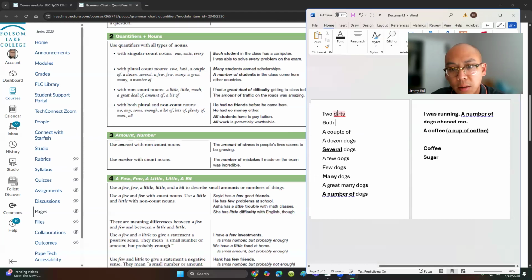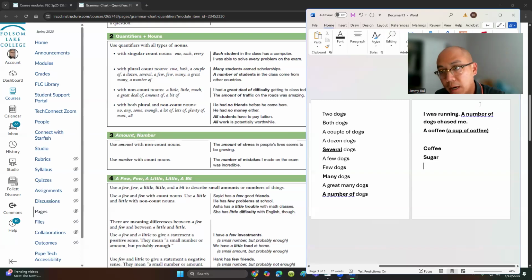So these do not work. They have to be a countable form, something that grammatically ends in an S, something that you can physically count. You cannot count air. You can measure how much air, right? But that's why it is considered non-count.